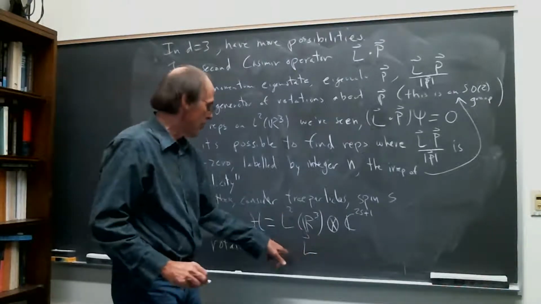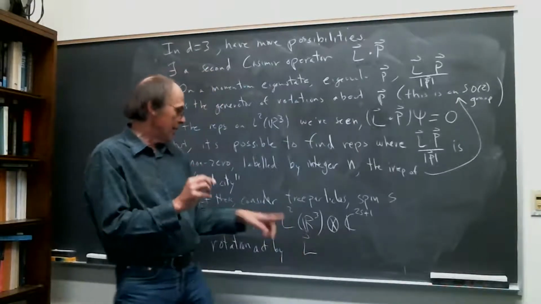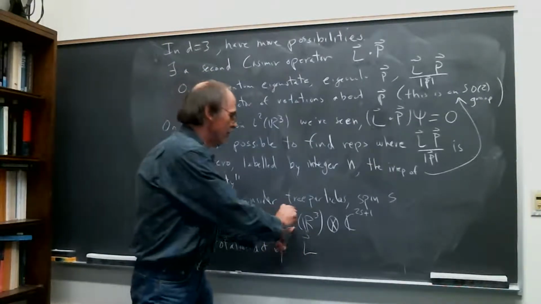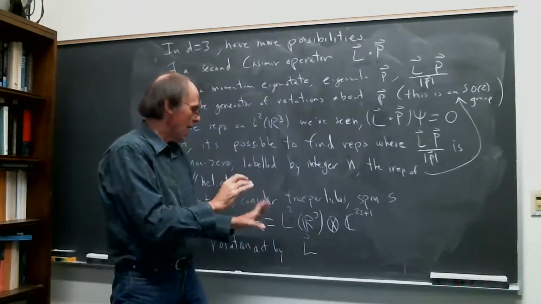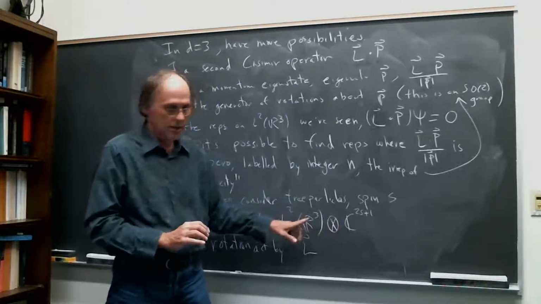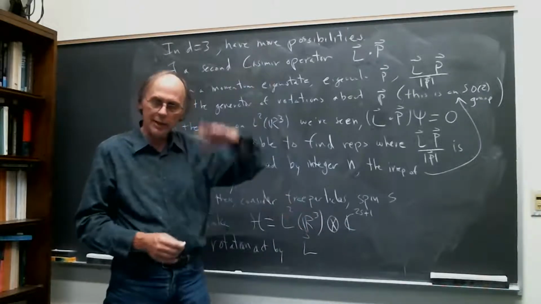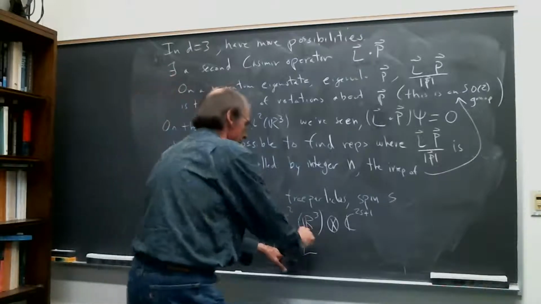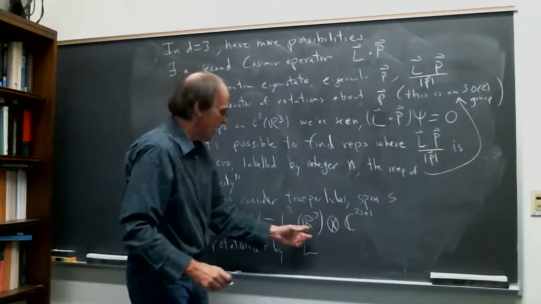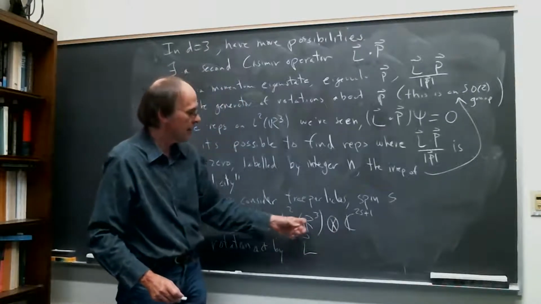This is the Lie algebra representation of rotations on these guys. But remember that if you have a group acting on a tensor product, when you take the Lie algebra, you find that you get this guy, and you have the group action here and here.